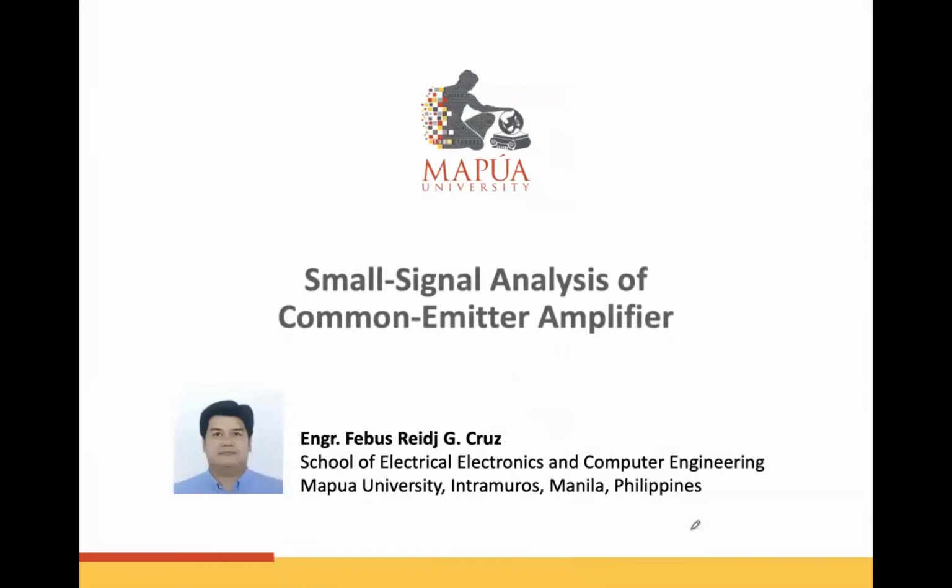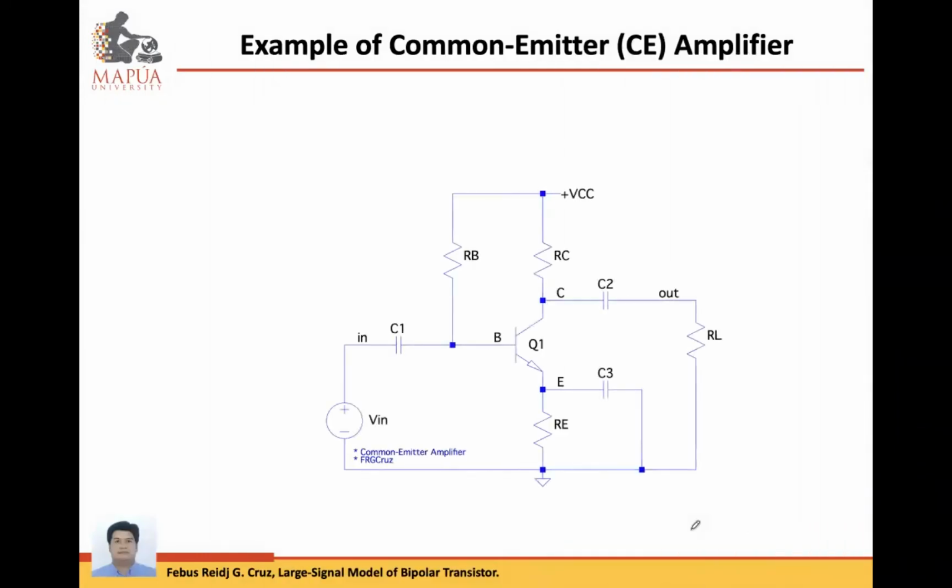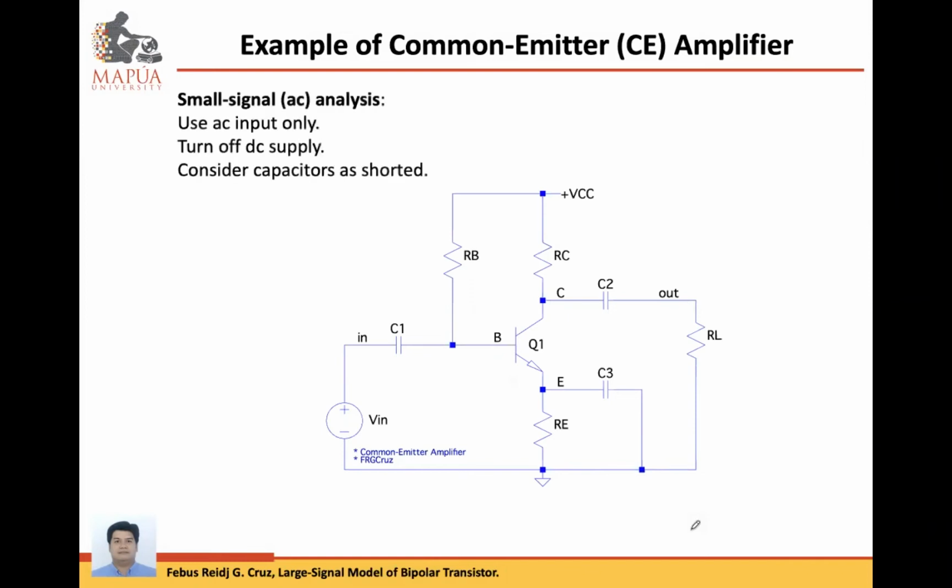Okay. So let's continue on the small signal analysis of Common-Emitter amplifier. So again, this is the example of Common-Emitter amplifier. So to do the small signal analysis, we are going to turn off the DC supply, so that means the VCC will be directly connected to ground.